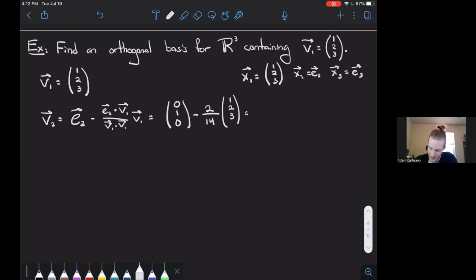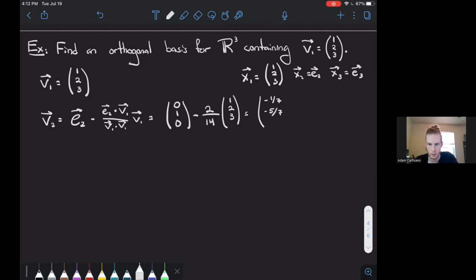Okay. So this is going to be negative 1/7, and then 1 minus 2/7, so negative 5/7, and then 0 minus 3/7, negative 3/7.